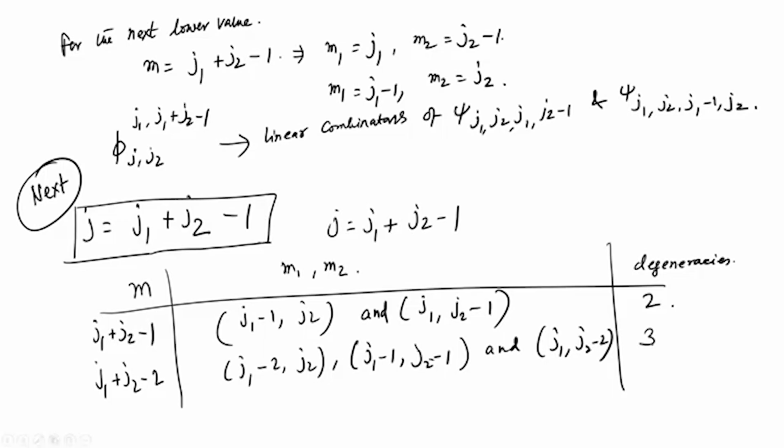This is not coming from the maximal value of J, but it is coming from the next lower value of J. And in fact, this state that you get, J1 plus J2 minus 1, you can actually operate on this J1 J2 J M, and you can get this state.